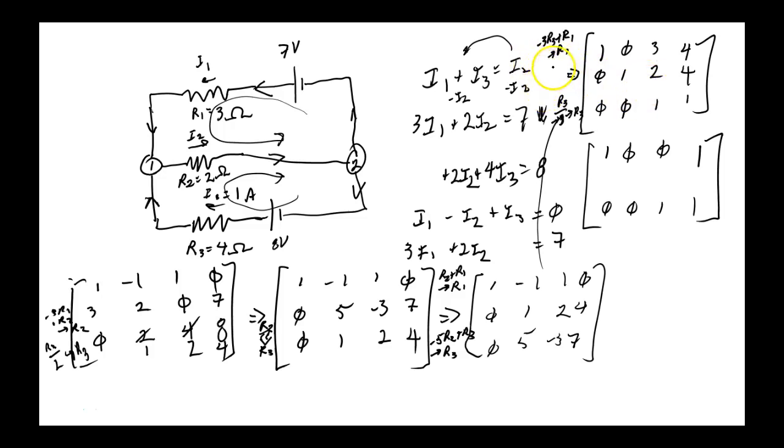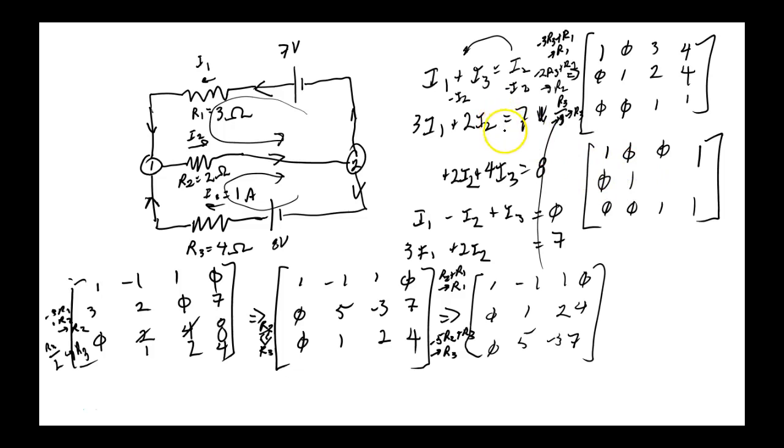That 2 becomes a 0. How do we make that happen? -2 row 3 plus row 2 becomes the new row 2. All right, first entry, 0. Second entry, 1.